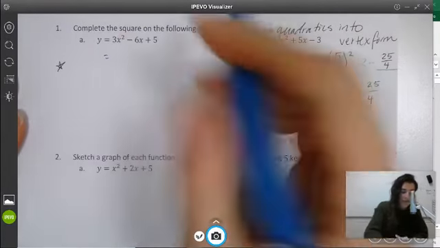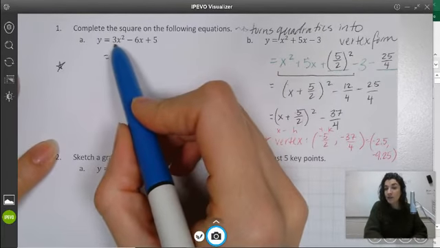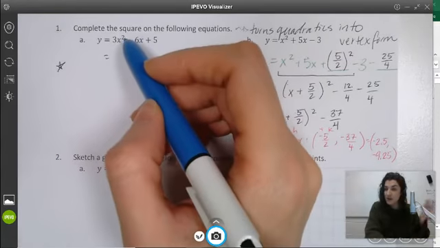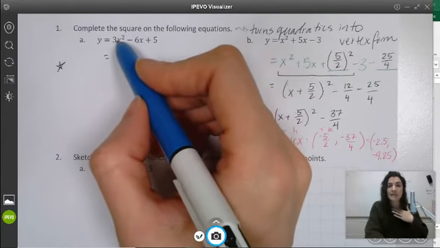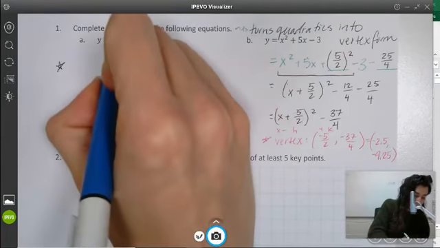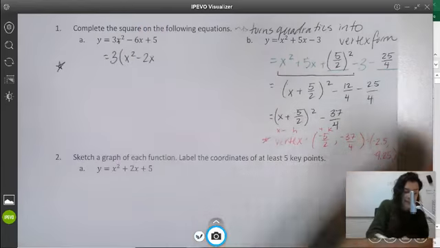Okay, so when we are dealing with a number in front of x, when a is not equal to 1, remember thinking back to your general form of ax squared. A is not equal to 1 here, a is equal to 3, so we need to factor that out, so we get 3, and then x squared minus 2x.